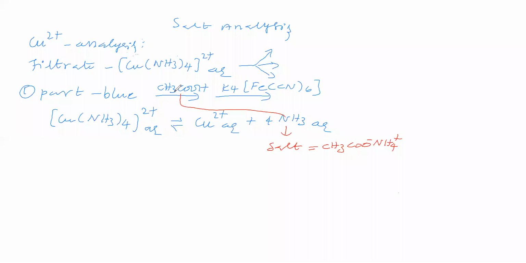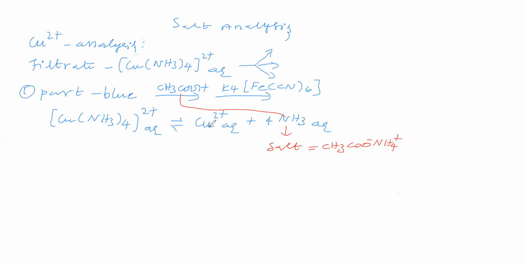So, add an amount of acetic acid that neutralizes all the ammonia, such that the complex is converted completely into copper ion. This acid neutralizes ammonia, so the forward reaction is favored, and the complex converts into free metal ion.